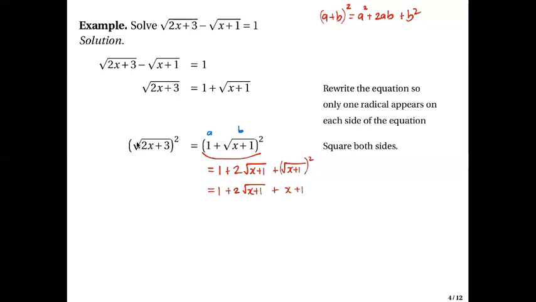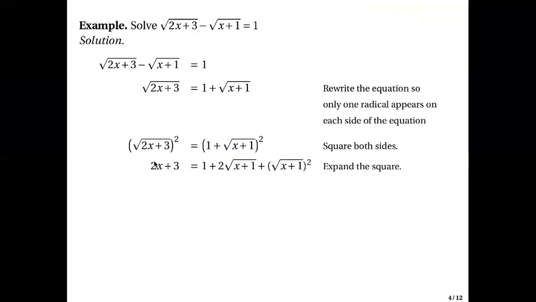Of course, on the left-hand side, the radical and the squared here will just cancel each other. So on the left-hand side, you have 2x plus 3. On the right-hand side, we expanded. And then what we're going to do is to simplify. This is the simplified form.